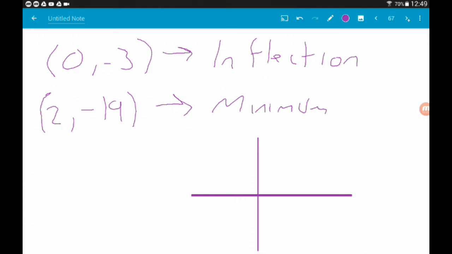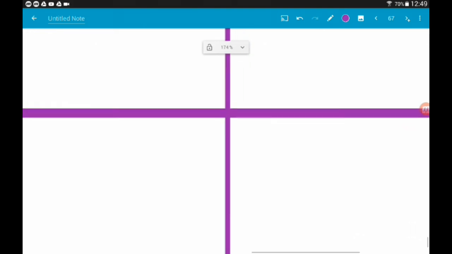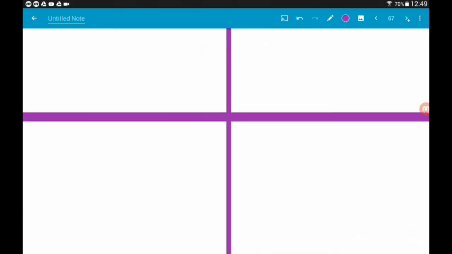So first of all then, that stationary point 0, minus 3 is a point of inflection. So let's say that point is here. Now what we know is that to the left of this point the gradient is negative, and to the right of this point the gradient is negative.